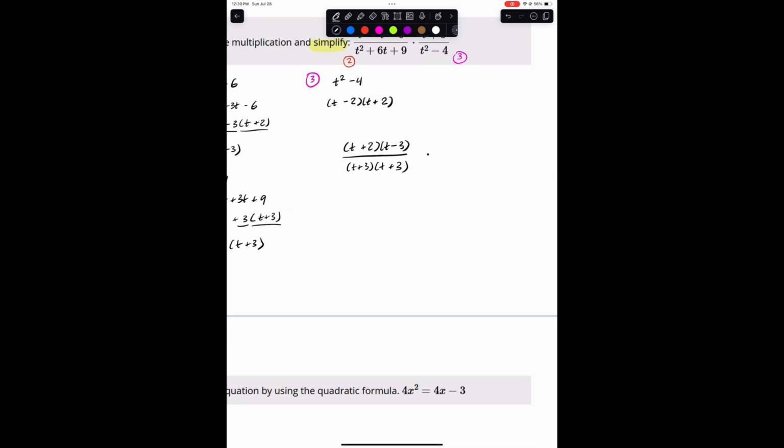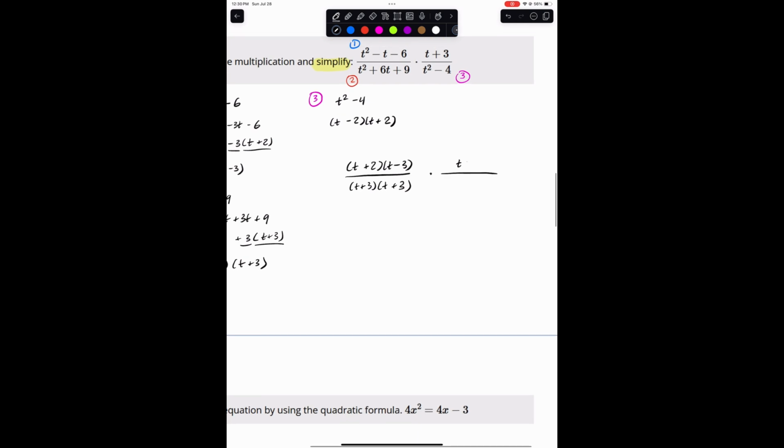And then we have t plus 3 over t minus 2, t plus 2 down bottom. So when we start canceling, t plus 3 cancels out with t plus 3.